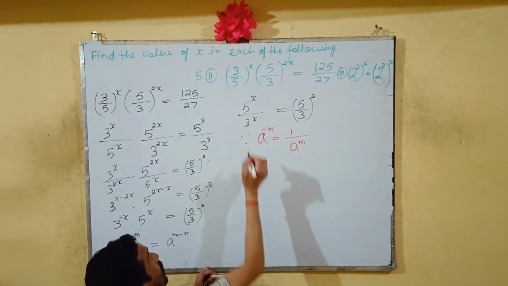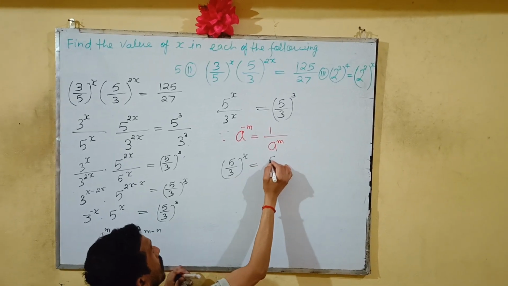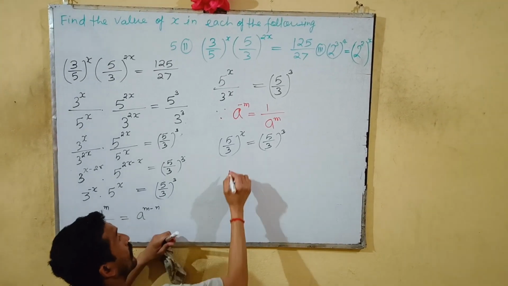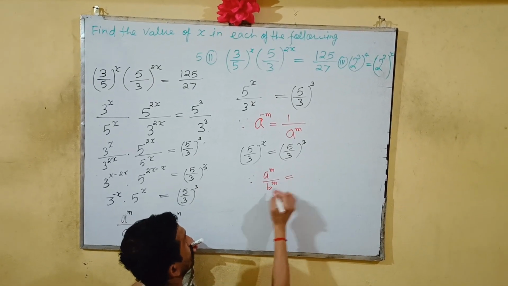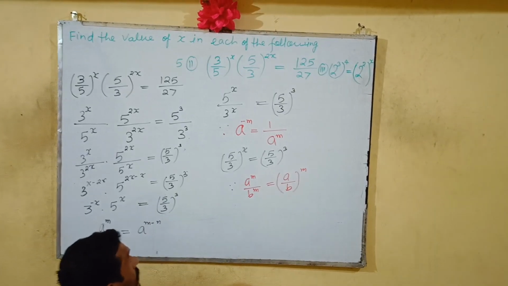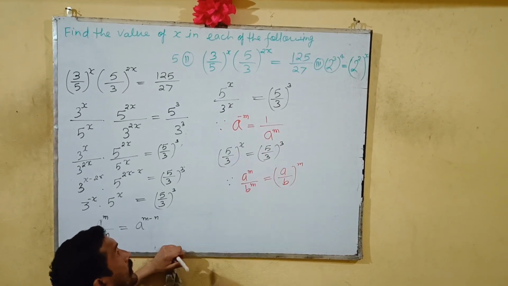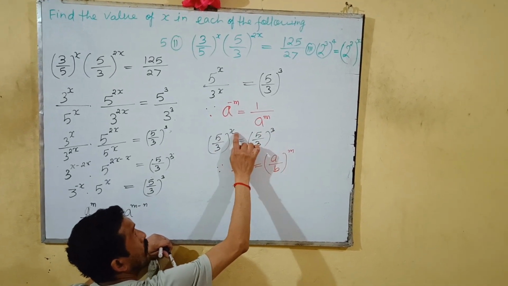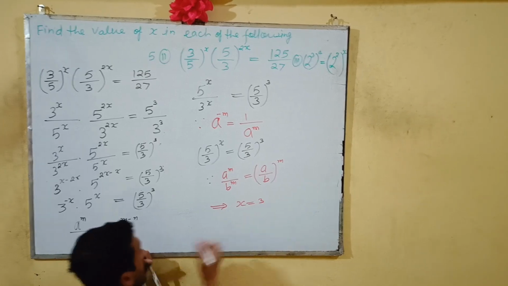Now (5/3) to the power x equals (5/3) to the power 3. By which rule? a to the power m upon b to the power m equals (a/b) to the power m. Okay. Now the numbers are equal, the bases are the same, 5 upon 3, so the powers will also be equal, the indices will be equal. Implies that x equals 3.